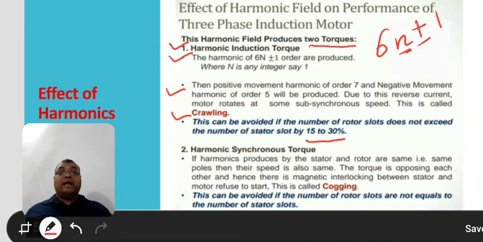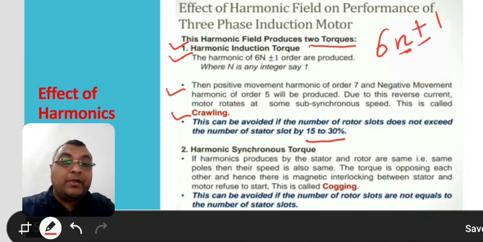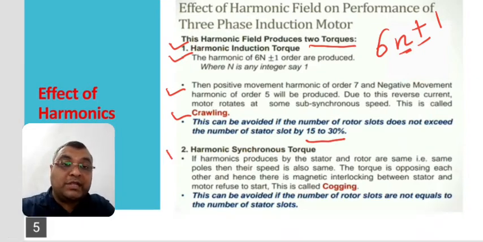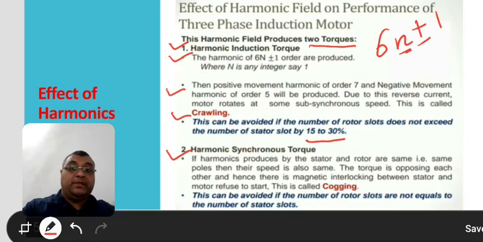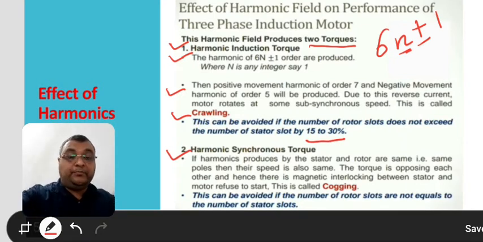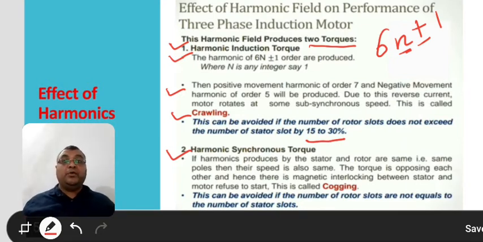Another torque, as we rightly said, is the harmonic synchronous torque. That is number 2. The first one, resulting in crawling, is presented here. The second is harmonic synchronous torque, which we need to understand over here.